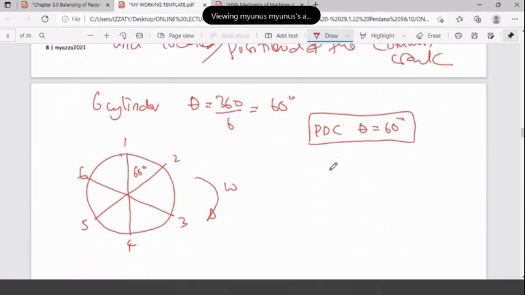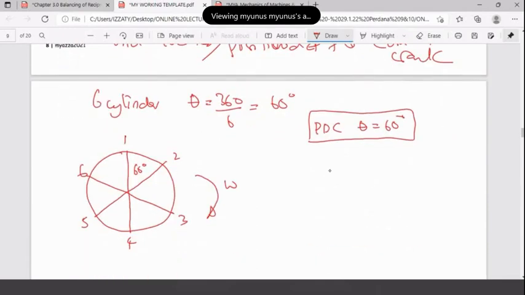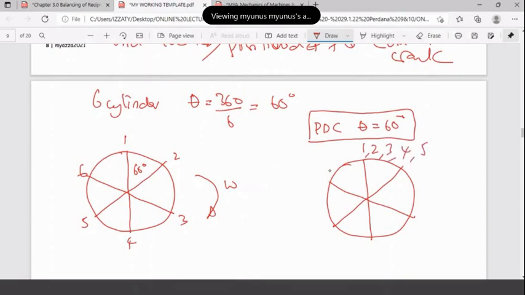What does it mean? It simply means that if I start constructing the primary direct crank, this one is 2, 4, and 6, I don't have to do anything about it. I'm going to put it in 1, 2, 3, 4, 5, 6. That is what I am trying to say to you. You understand me or not?